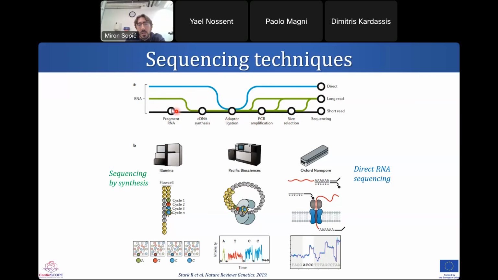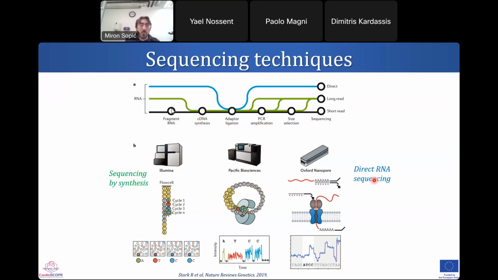This black line here represents Illumina, and this green line here represents PacBio. Basically, the sequencing itself is done in the same way, it's just that the setup is a little bit different. Here you can have longer reads, and here you have shorter reads. But both principles are sequencing by synthesis, and both require transformation of RNA to cDNA.